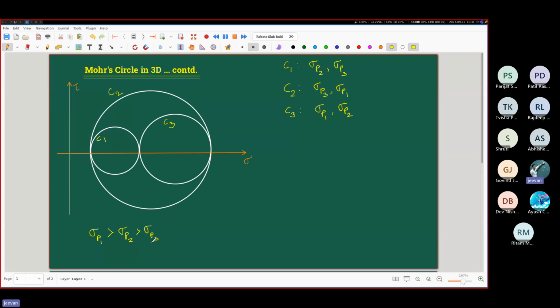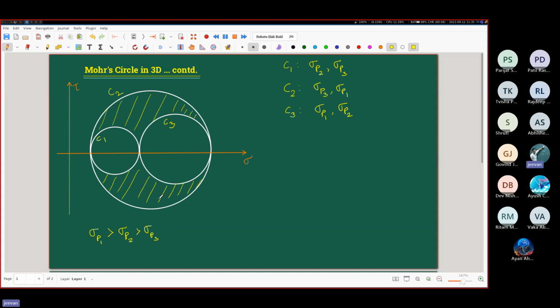Furthermore, because we are dealing with inequalities, the valid region is outside the circles C1 and C3 and inside the circle C2. This is a very brief recap of what we were discussing yesterday.